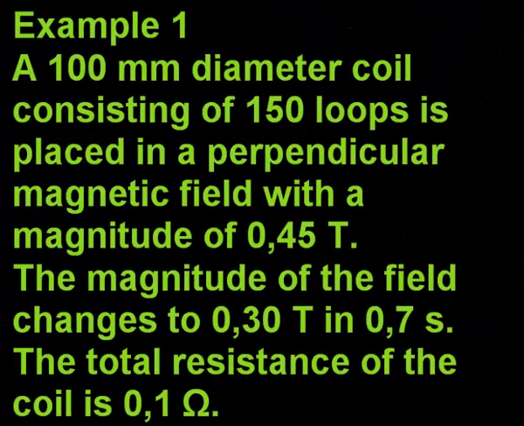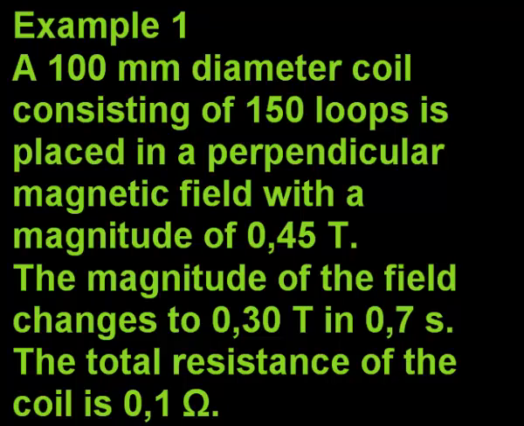Now let's take a look at an example and explain step by step how we'll go about calculating this induced EMF. So we have a 100 millimeter diameter coil consisting of 150 loops, and it's placed in a perpendicular magnetic field with a magnitude of 0.45 Tesla. The magnitude of the field then changes to 0.3 Tesla in 0.7 seconds.